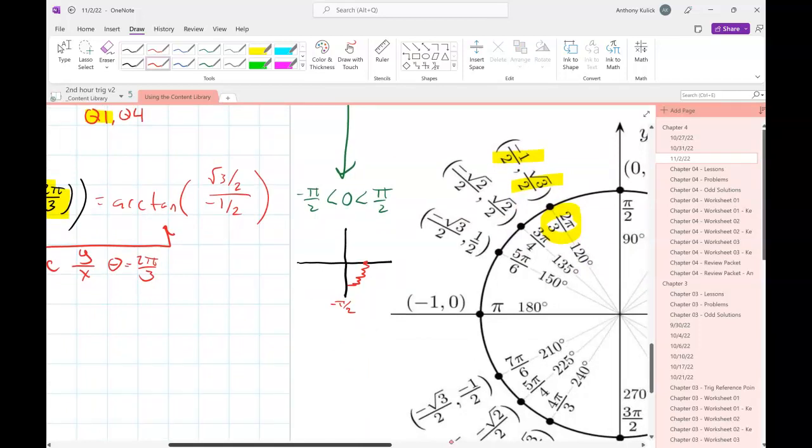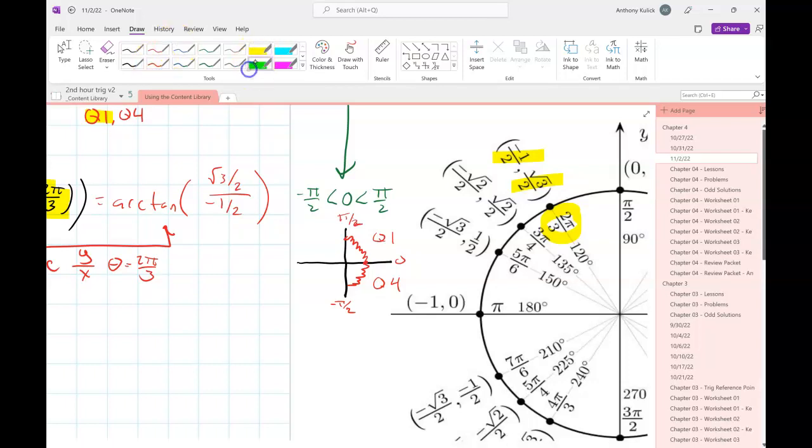And then again, starting on the positive x-axis to get to positive pi over 2, I'm going counterclockwise. So we covered quadrants 1 and 4. Everybody cool with that?